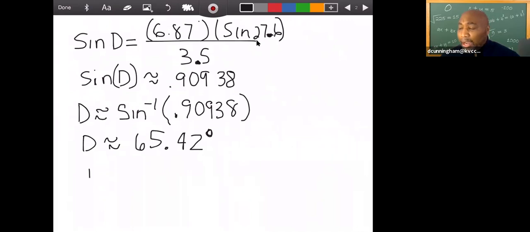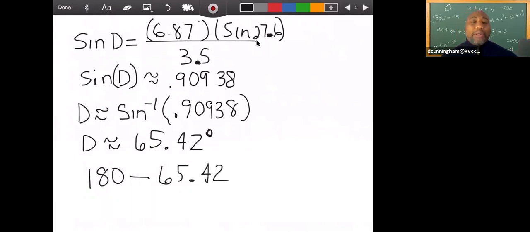And that means we're going to have to subtract 180 minus 65.42. Why am I using 180? Because it's greater than 90. And so either we have two angles that add up to be 90 degrees, which is complementary, or two angles that add up to be 180 degrees, which is supplementary.